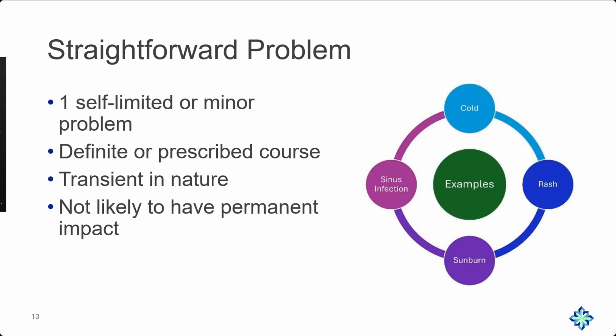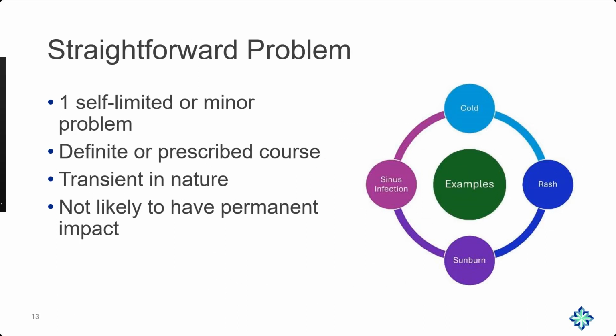So getting back to the elements, I want to start with a straightforward problem. Now, a straightforward problem is something that has a definite and prescribed course. A cold for most people would be a very good example of that. You have a cold, you need rest, you need fluids. There's not really any interventions that are necessarily needed for it.